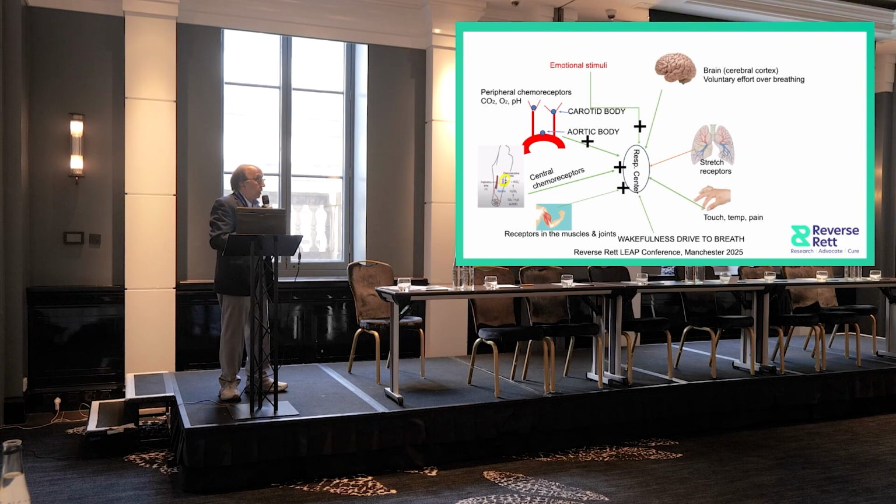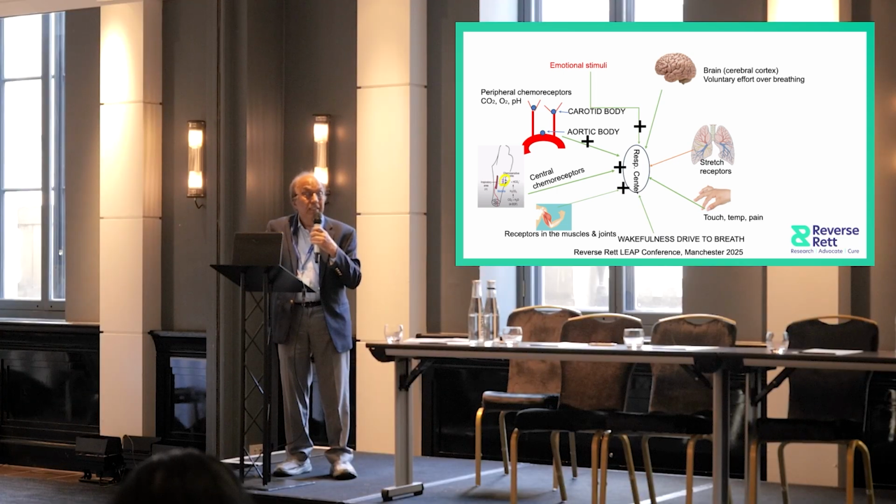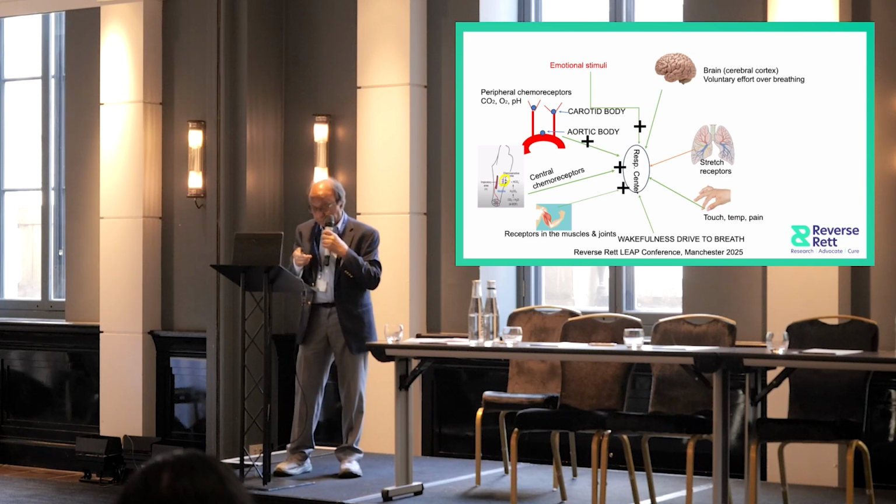You can breathe fast or slow, like we were practicing a short time ago. And then there are receptors, structures in the body that respond to chemical changes in the blood, whether it's the carbon dioxide level, the oxygen level, or the acidity of the blood, and that can also affect respiration.